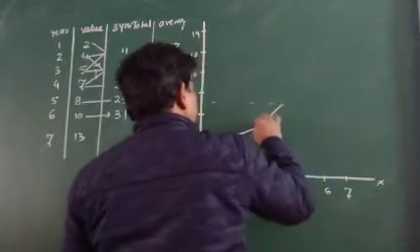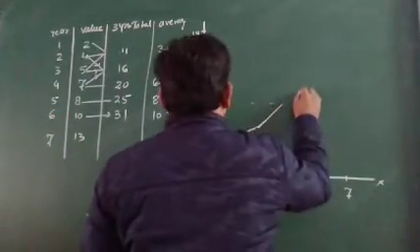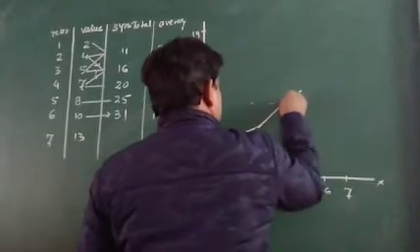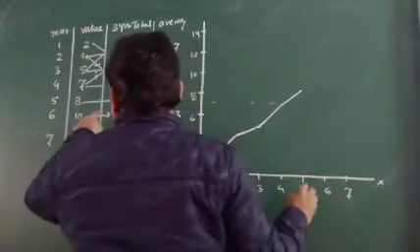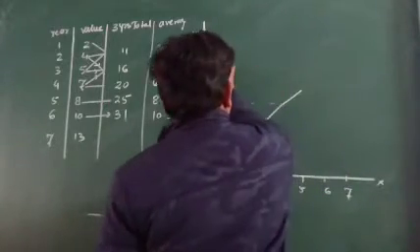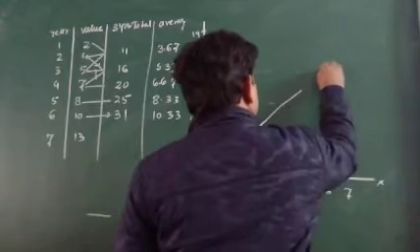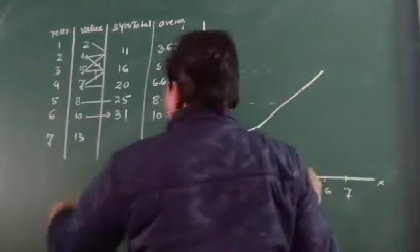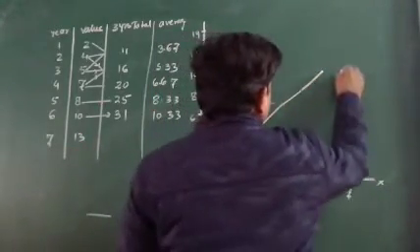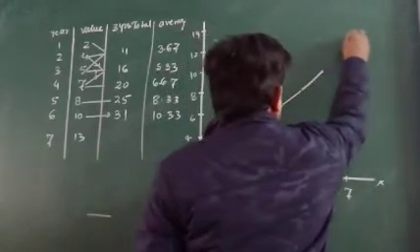I can join like that. And then 5 is 8. And then 6 is 10. And 7 is 13, which means half of this one.